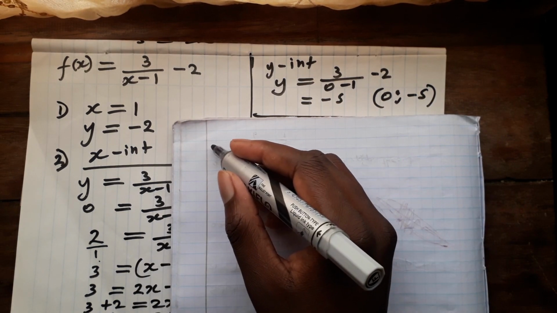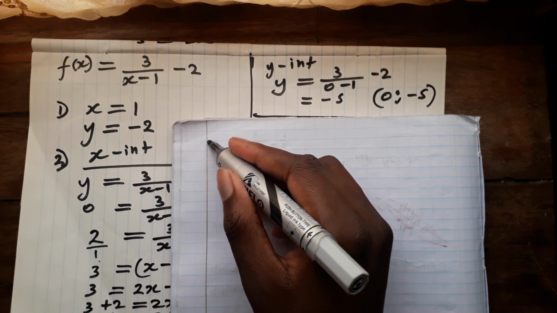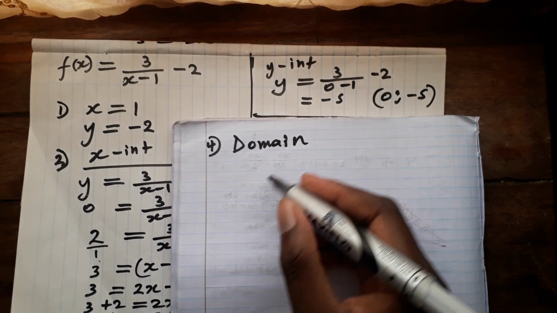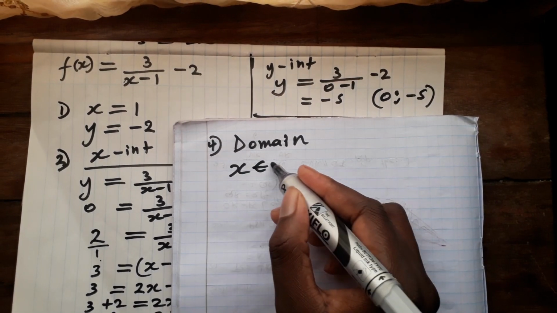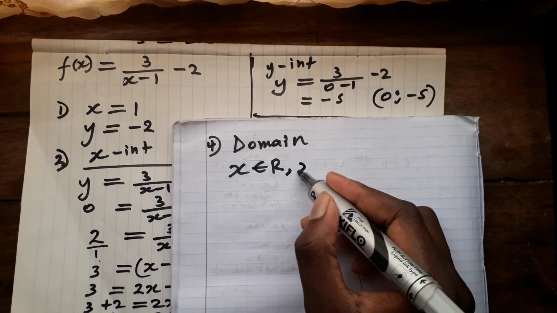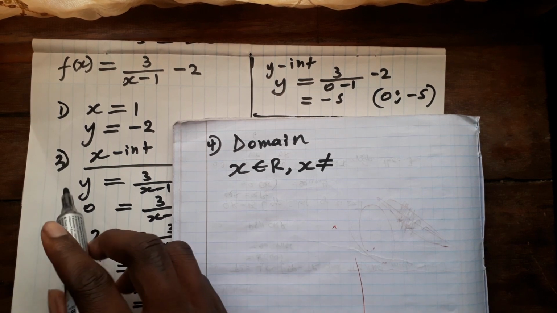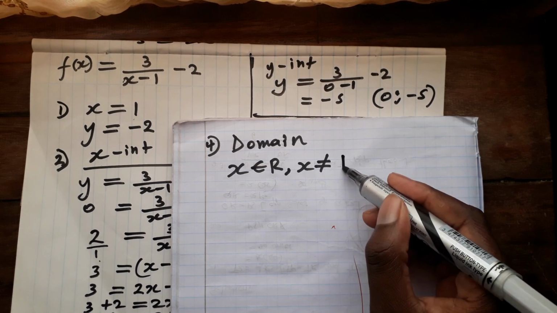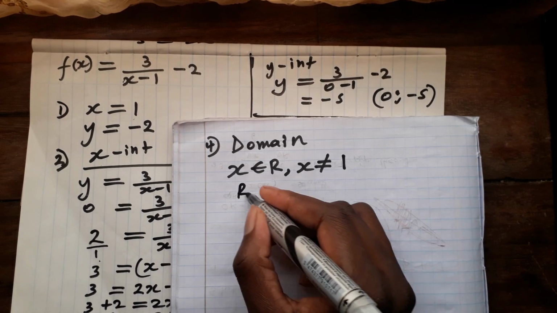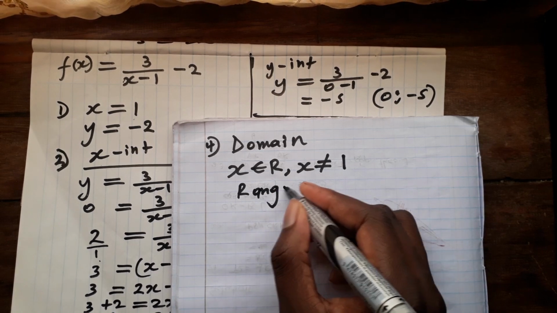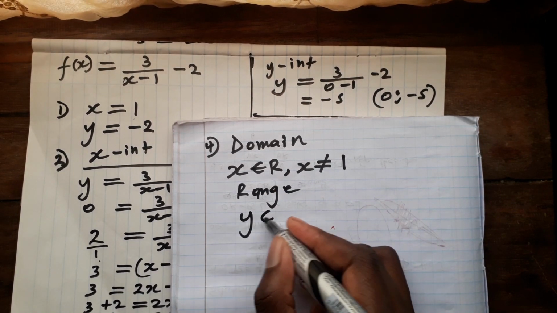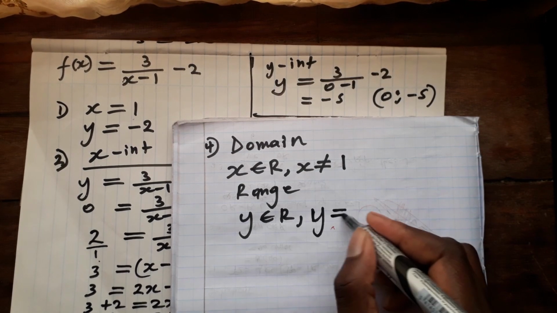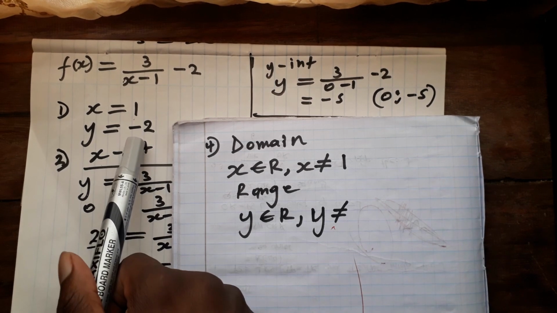Here, for number 4, domain, we are going to say x is an element of all real numbers, but x is not equal to, what is the asymptote here? x, it's 1. It's not equal to 1. What about the range? We're going to say y is an element of all real numbers, but y is not equal to -2.